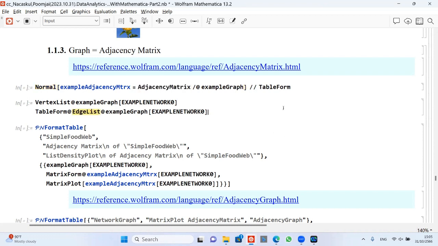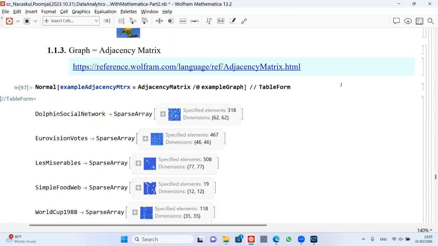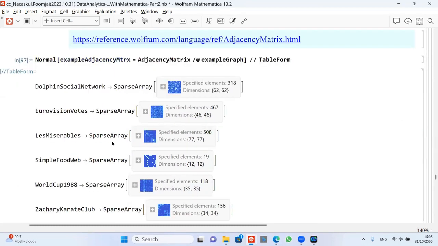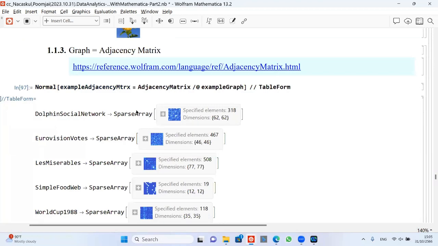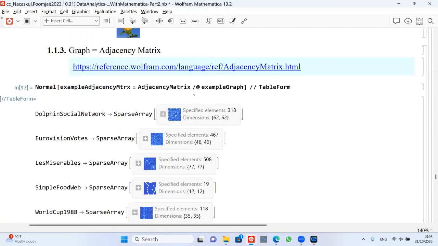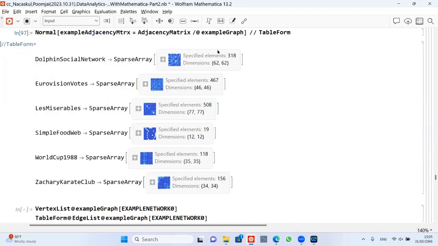Right. So now, okay, so now I have all this, okay? I already did one for the simple food web. I'm going to do it for 5 more. Again, these are all sparse arrays. Okay, you can look at them, but you notice the sparse array has information already.